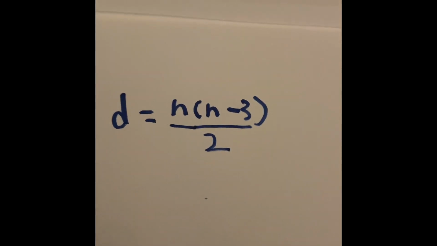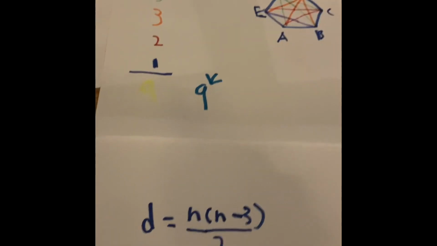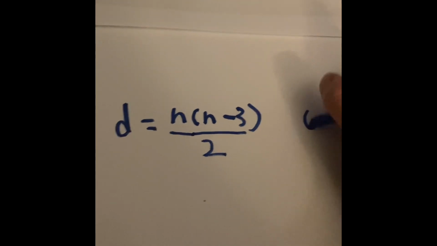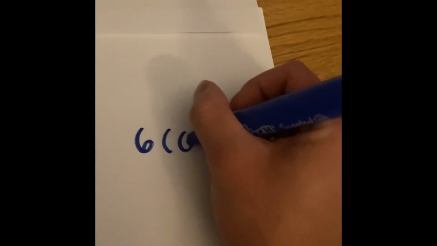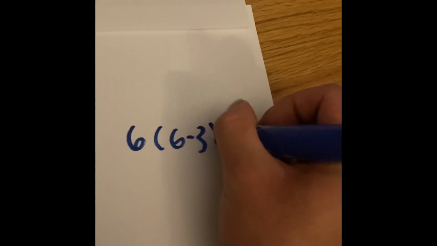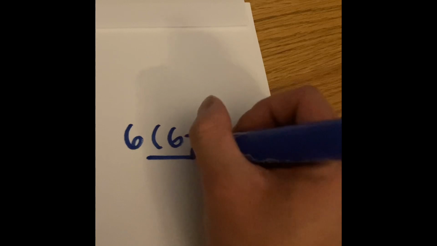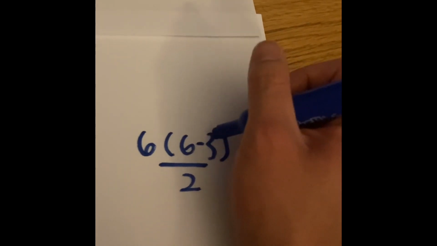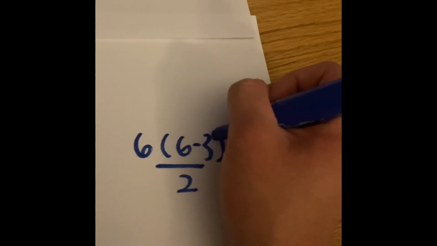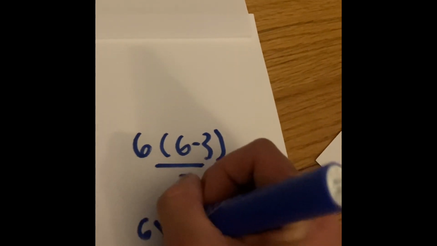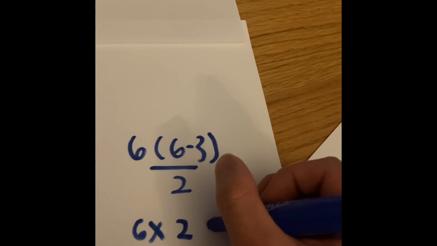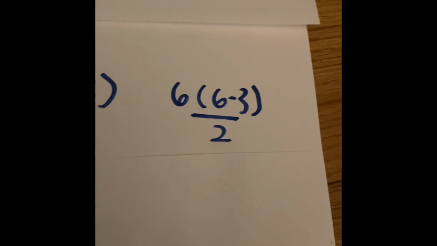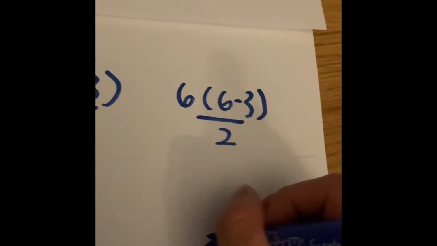So let's see if we got this correct for the hexagon. We're going to say 6 sides, parentheses, 6 minus 3, then divide by 2. Using order of operations, 6 minus 3 is going to be 3.